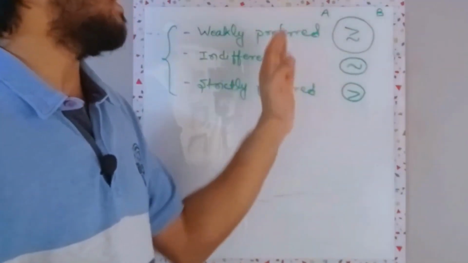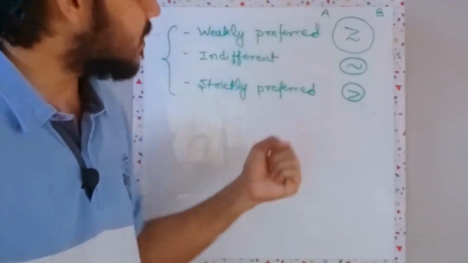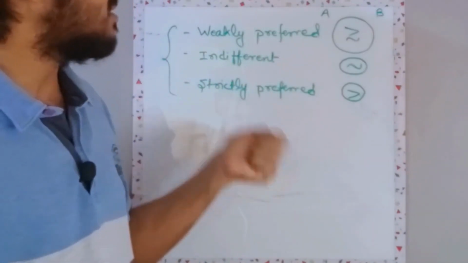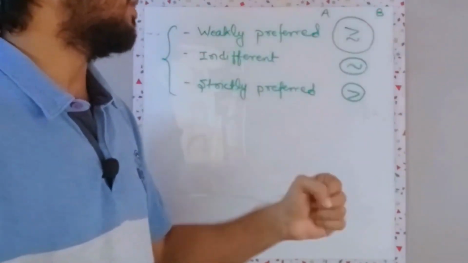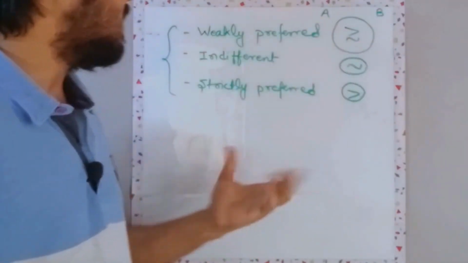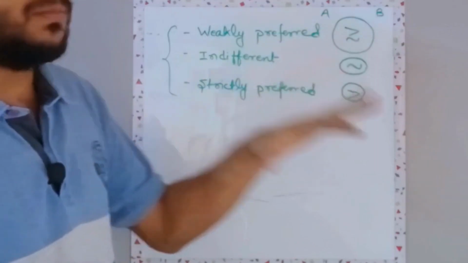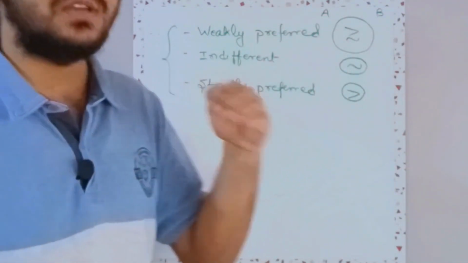It says that A is equal to B in terms of preference. And strict preference means A is strongly or strictly preferred to B, which means I'll always prefer A over B. So these are the three things you have to remember when we start the discussion on preference.